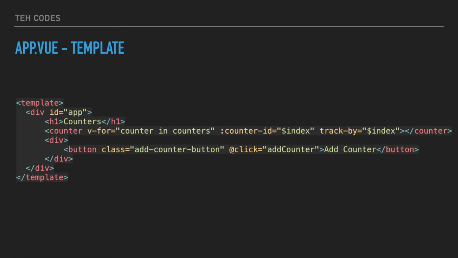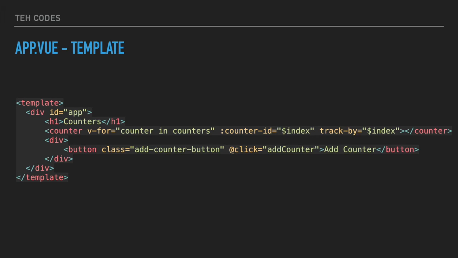So at Vue, this is our root Vue component. You can see that I've got a title, then I've got this custom element counter, which will be rendering our counter components that we've just looked at. It's a v-for counter in counters. Now counters is another vuex.state getter, which I'll show you in a second.